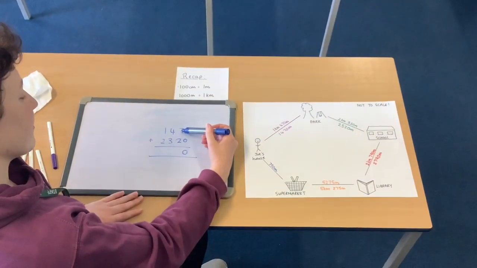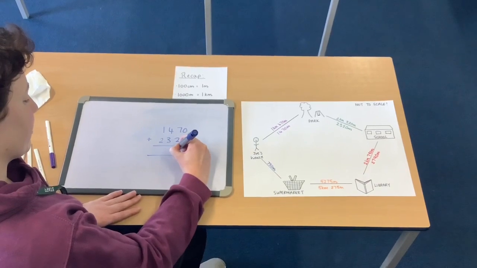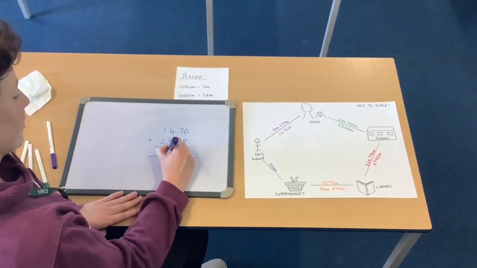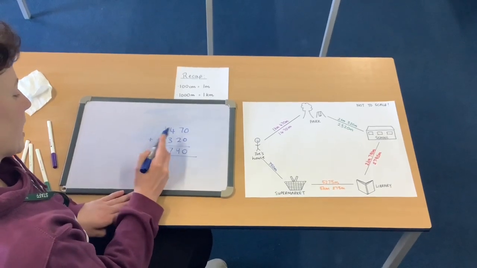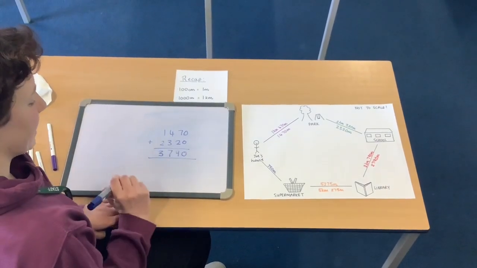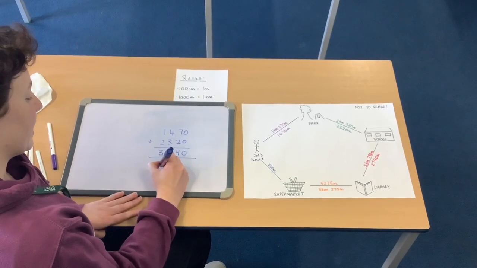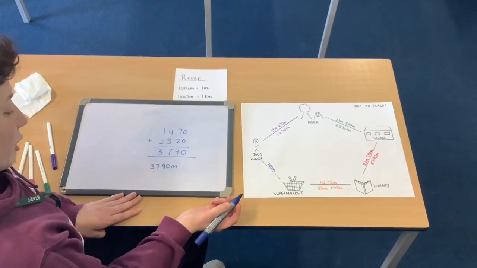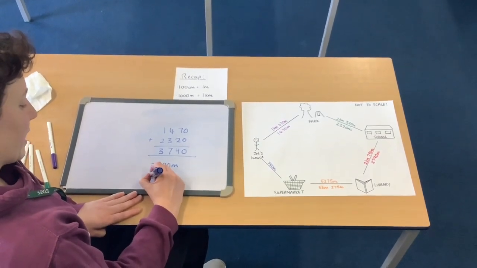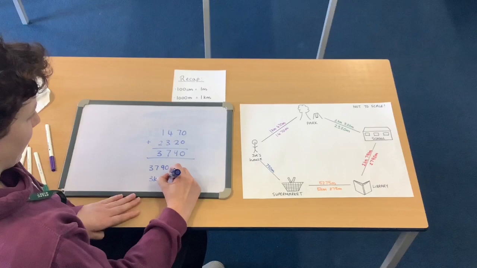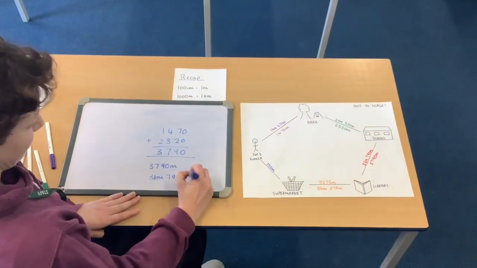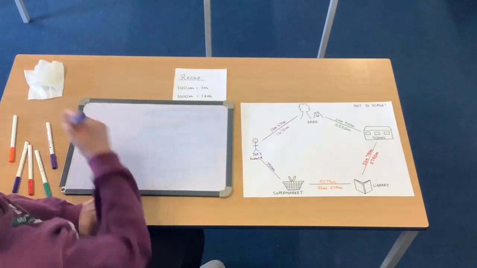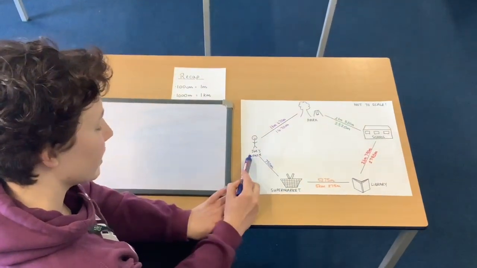I've got 7 tens, add 2 tens, which gives me 9 tens. 400s, add 300s is 700, and then I've got 1,000, add 2,000 is 3,000, so we could say the distance is 3,790 metres. If I was to write that in kilometres, I could say that that would be 3 kilometres and 790 metres.